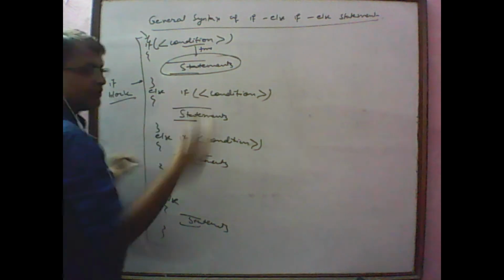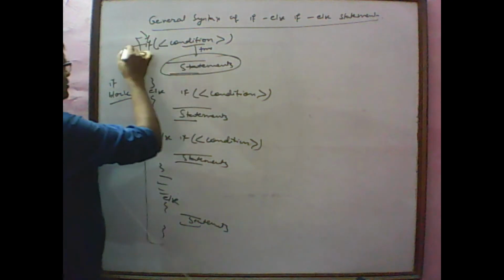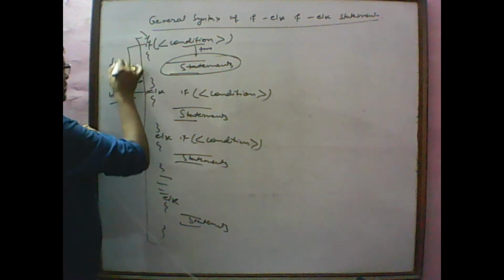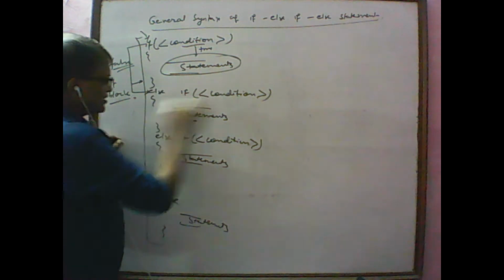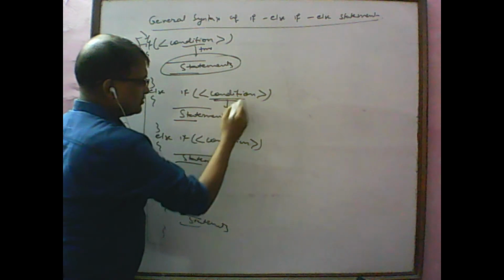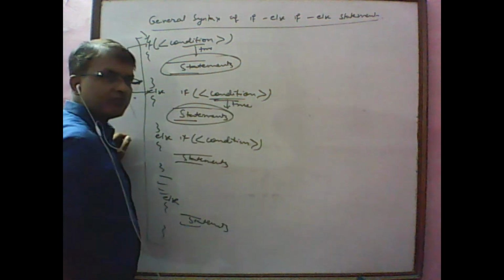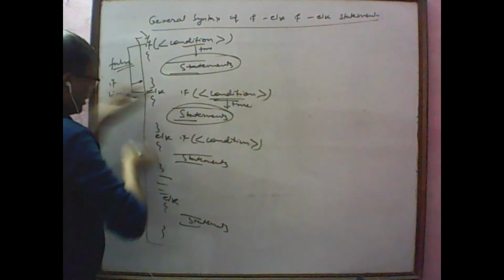But what happens if this first condition is false? Then the control will come to the else if statement, and again that condition will be checked. If it is true, the control will enter inside it, all the statements will be executed, and again the control will be outside the if block.